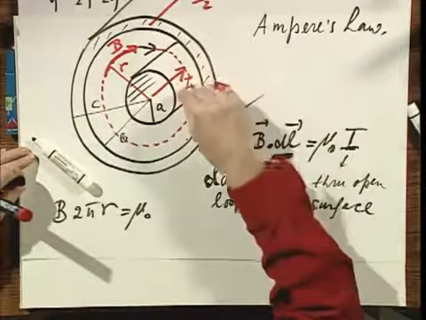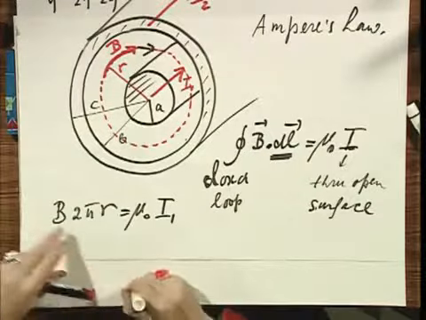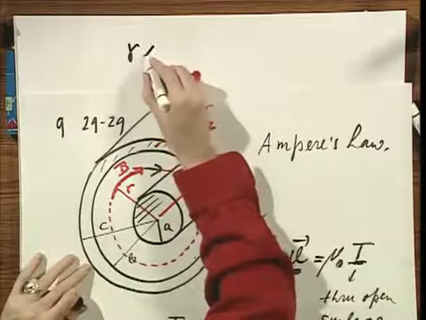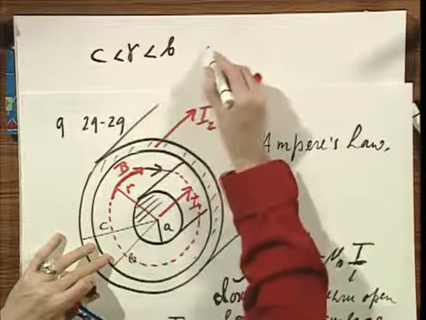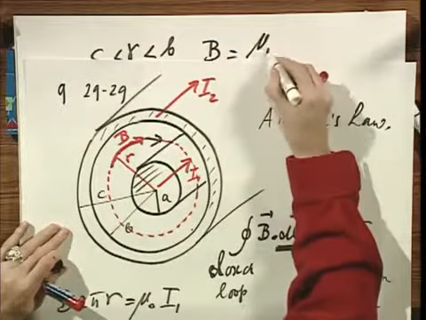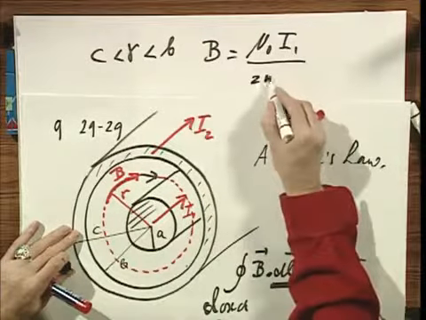Then the current that goes through here is I1. And there it is. So out pops immediately that in the case that r is smaller than b and larger than c, the magnetic field falls off again as 1 over r, which is no surprise, mu 0 I1 over 2 pi r.